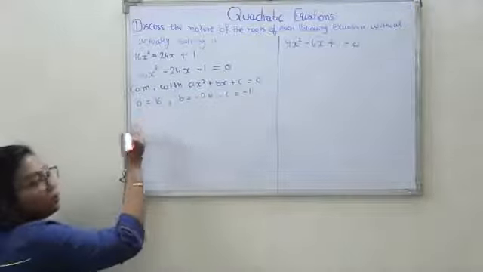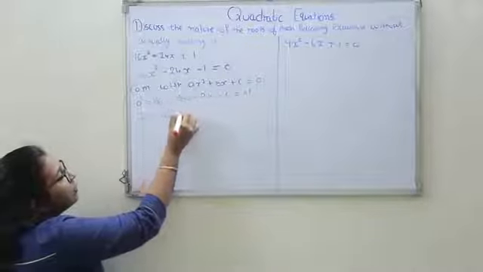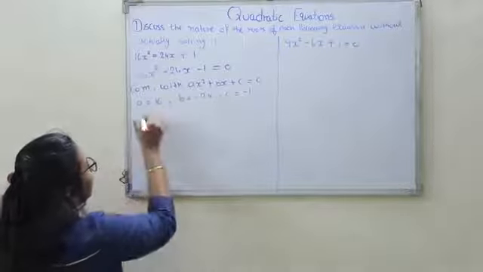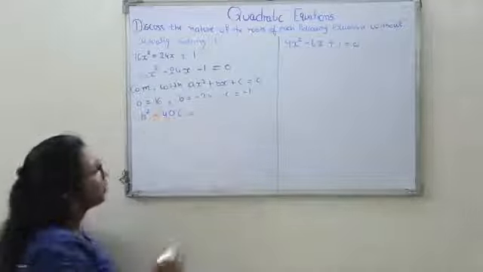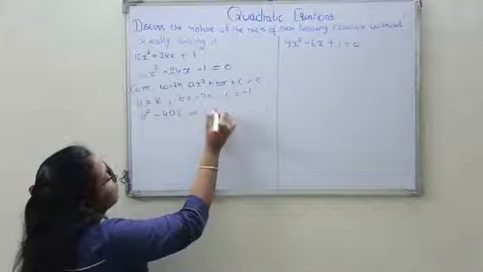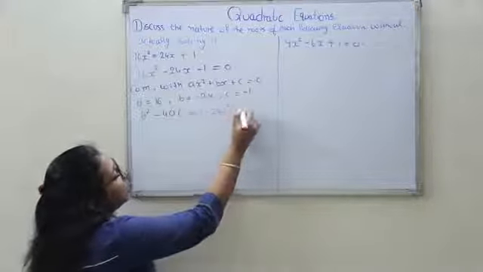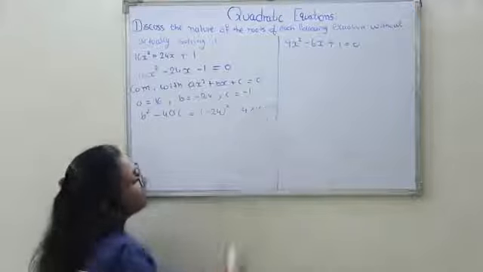So let us find the value of the discriminant, which is called d. So d is equal to b square minus 4ac. We can directly write b square minus 4ac, and now start finding the value. So minus 24 square, I am just substituting b, a and c. In 4ac, a is nothing but 16 and c is nothing but minus 1.